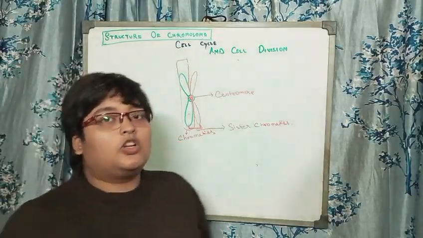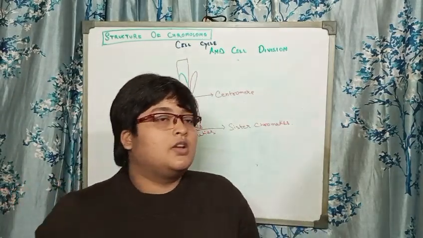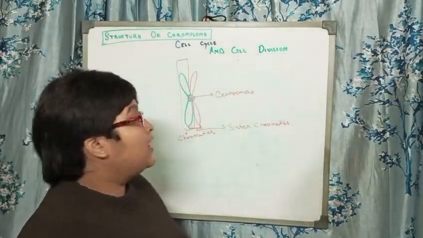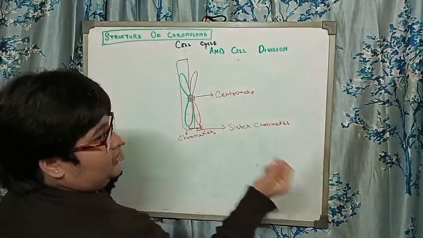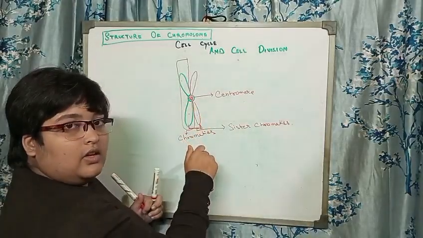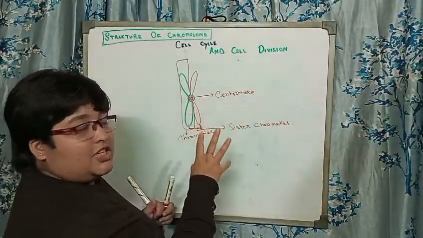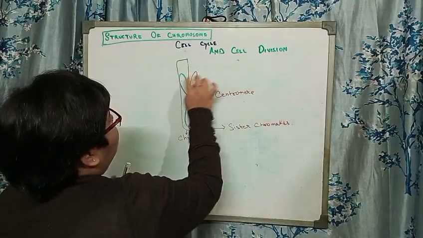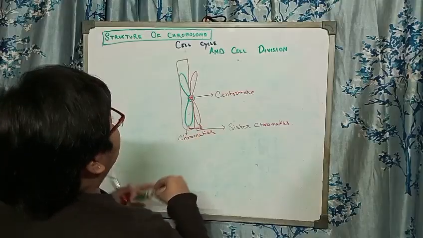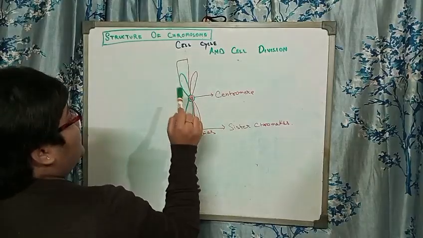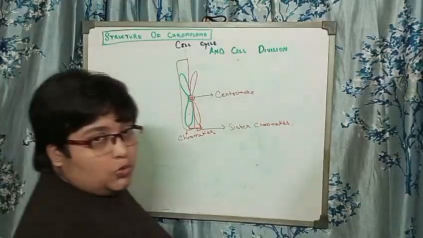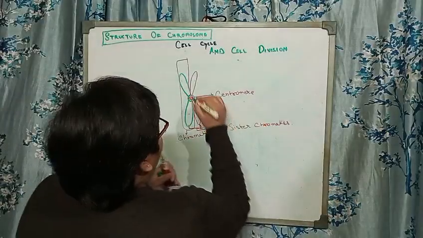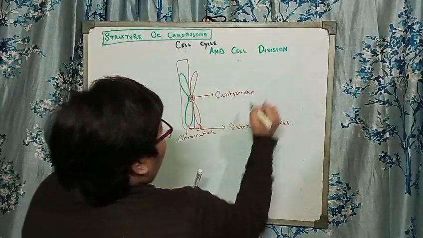Although the part kinetochore is not in your books, they are made up of some special kind of proteins. Fine. They help the spindle attachment with the centromeric region. This centromeric region is a somewhat denser region than the chromatids. The position of the centromere might vary in different chromosomes. Like in human also, the centromeric region may be present in this position.